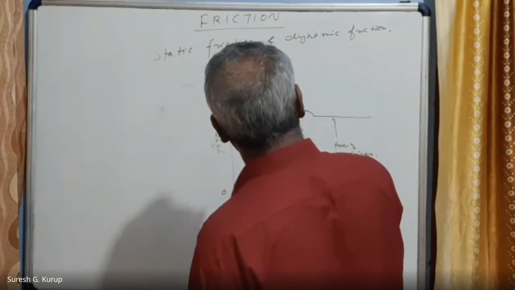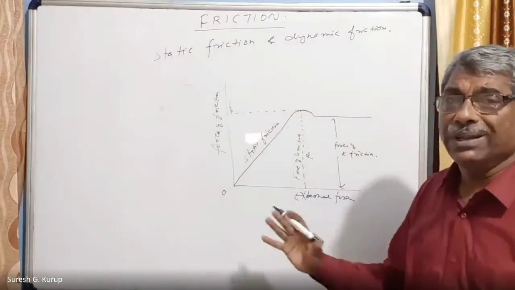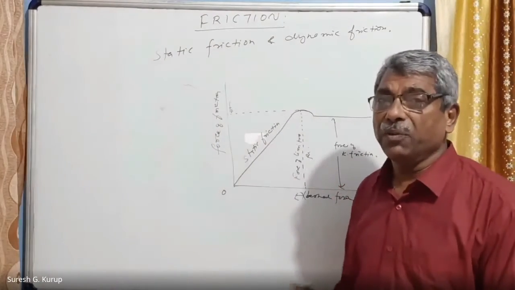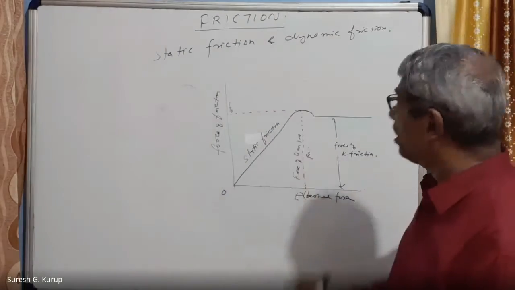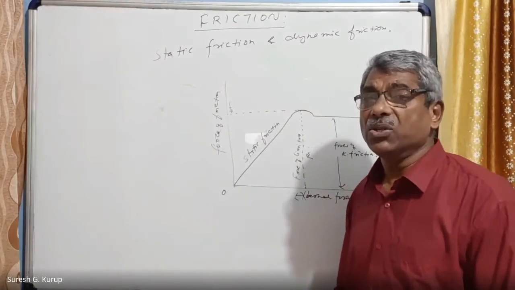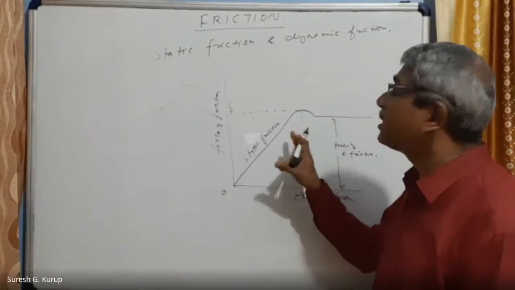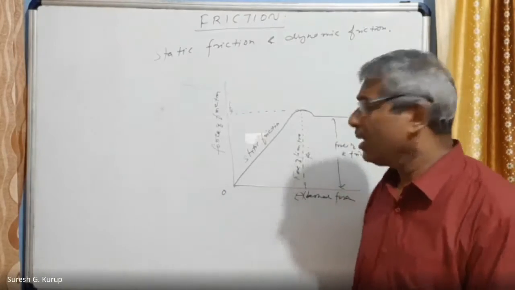Static friction means the value of friction acting between the body and the surface, between the maximum and the minimum, is called static friction. And this is what is called limiting friction. And this is what is called kinetic friction. So always you will see that kinetic friction is always less than the maximum friction a surface can act on a body. Right?